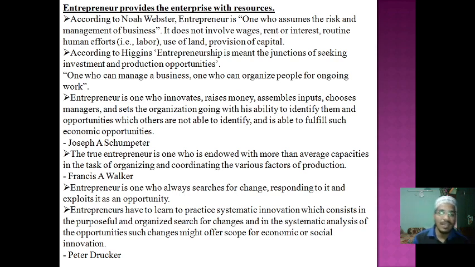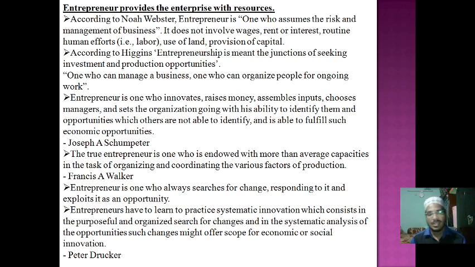He said that the true entrepreneur is taking the average capacity as per the norms of your organization's task, and that taking of opportunity will give, accordingly, various factors of production to make a good economic opportunity or to make a good product.